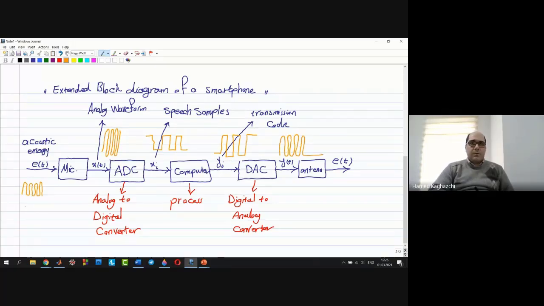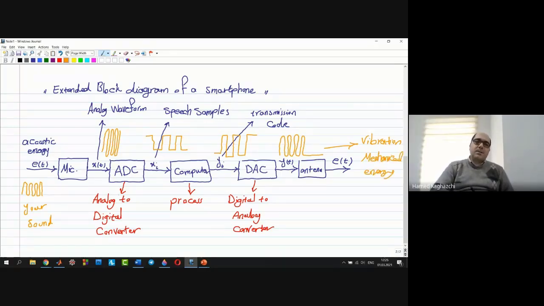For example, here is your sound. This signal, which is an acoustic energy, is vibration, which is a mechanical energy.